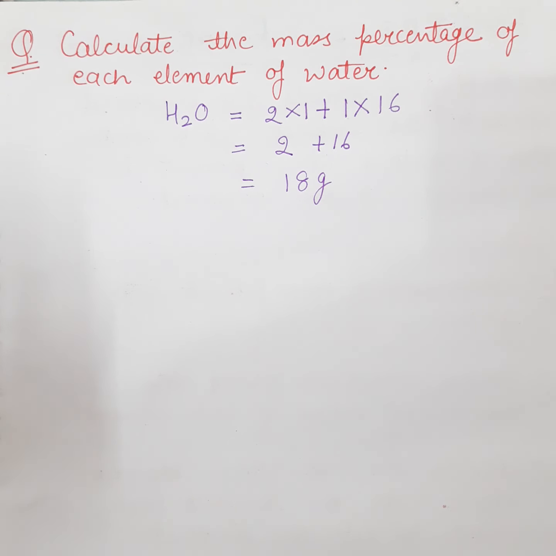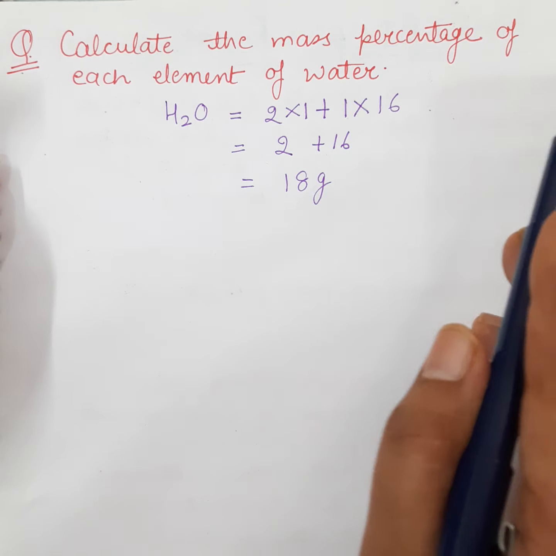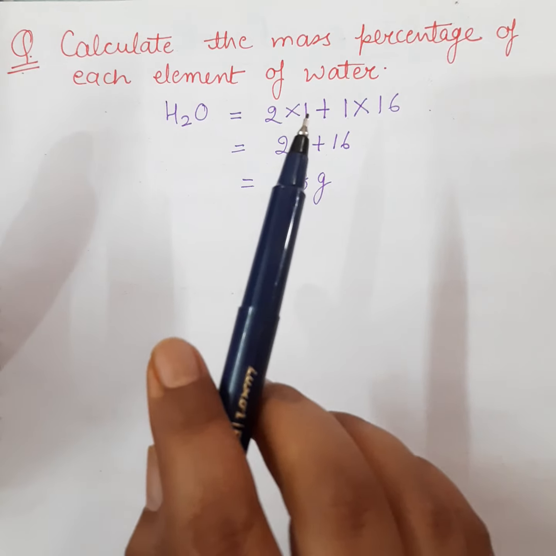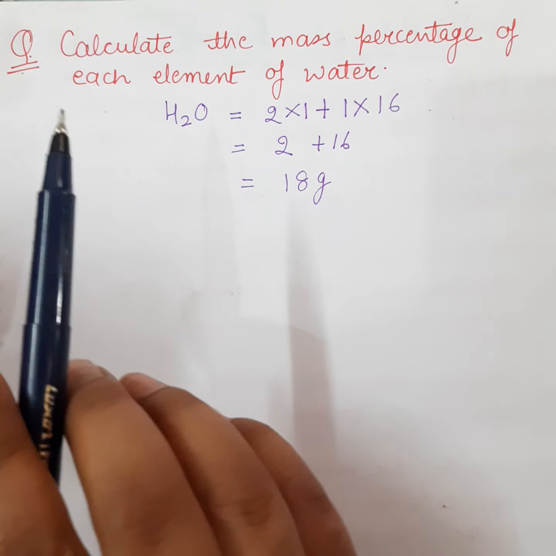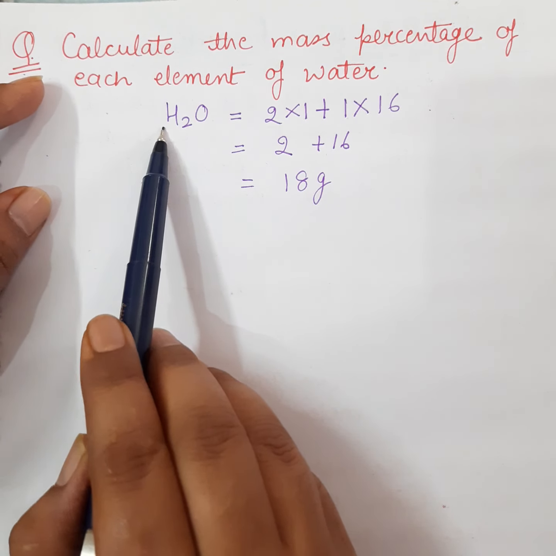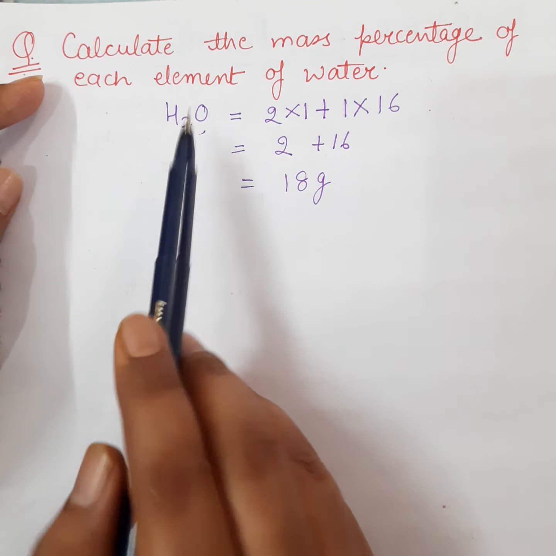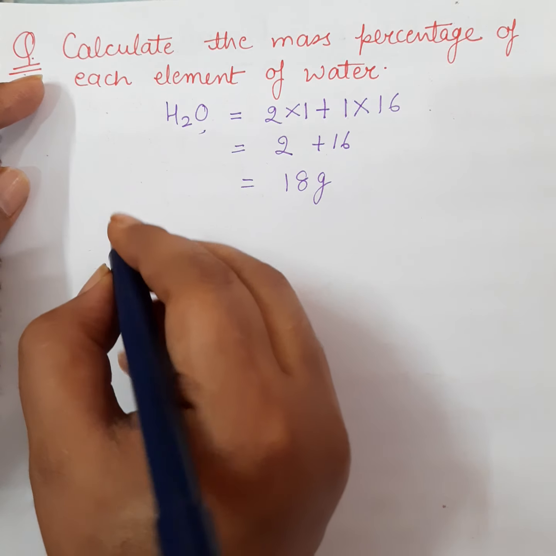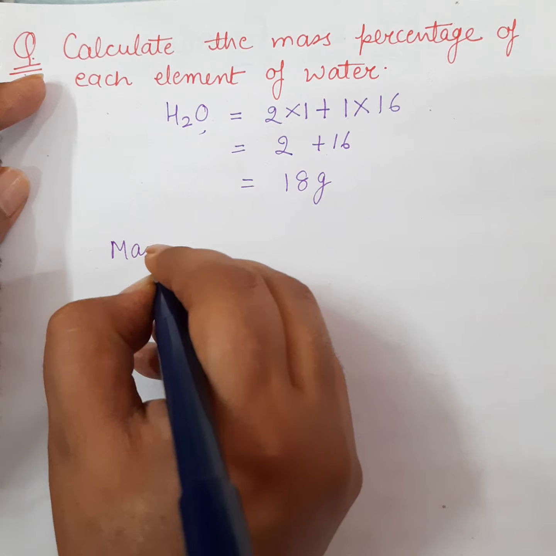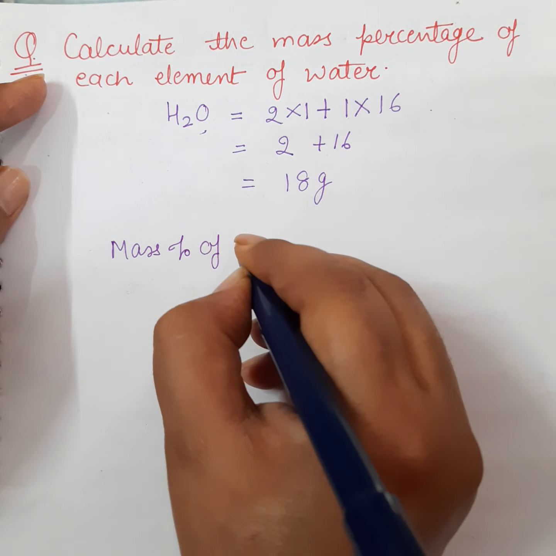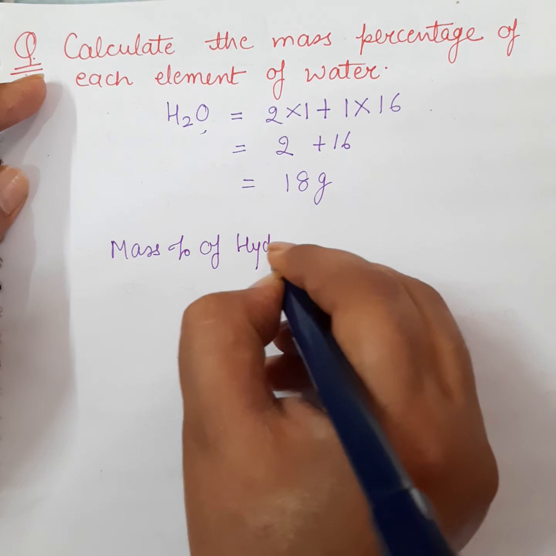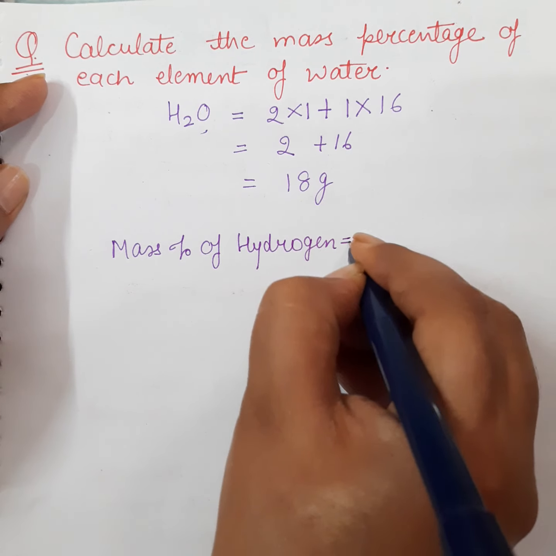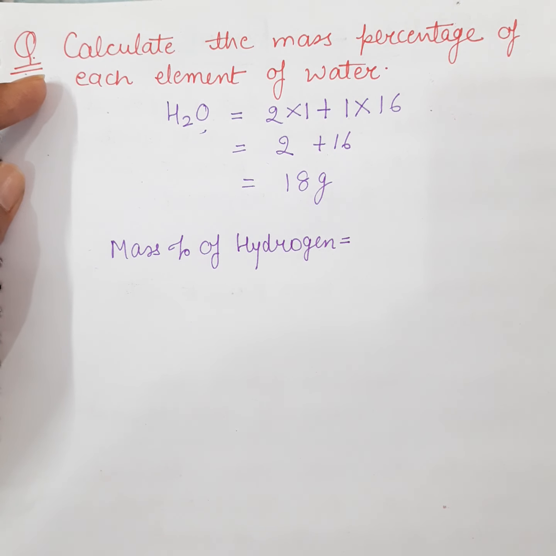Now what does the question say? Calculate the mass percent of each element of water. It means I have to calculate the mass percent of hydrogen and the mass percent of oxygen. So I write here the mass percent of hydrogen is equal to, what does the formula say, the mass of that element in the compound.